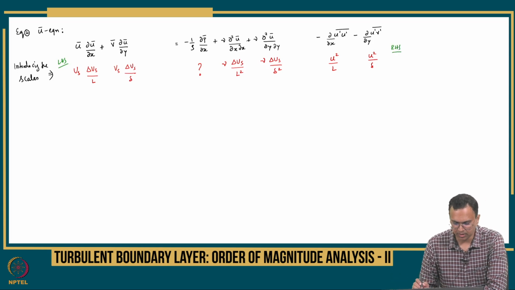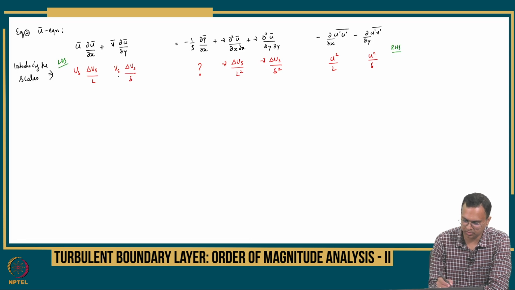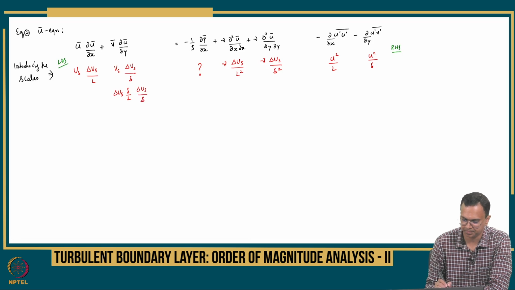So which is the largest left hand side term here? That will reveal if I substitute Vs here. Okay, so if I substitute the Vs value, which is delta Us delta by L, delta Us by delta. So essentially this is cancelling out.